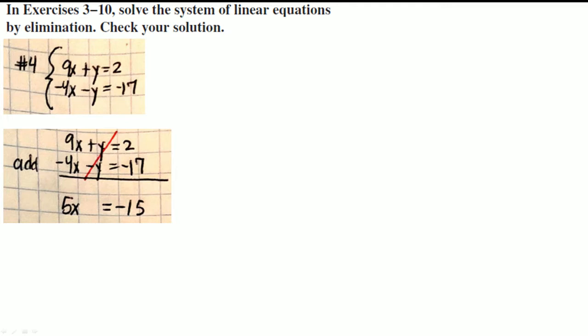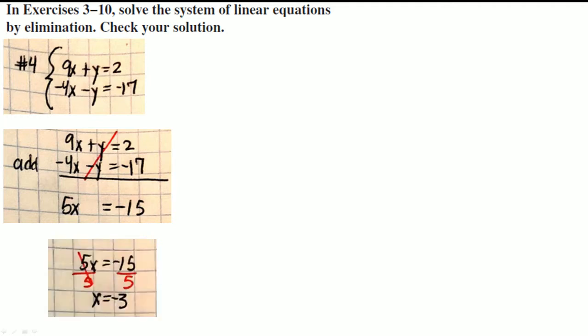The y's cancel out because y plus -y becomes 0. It gets eliminated. 2 add negative 17 becomes negative 15. Divide by 5 to both sides, you get x equals negative 3.